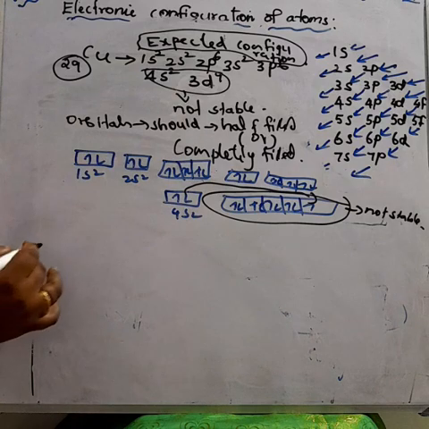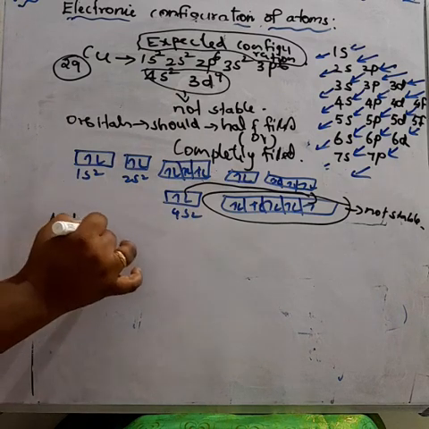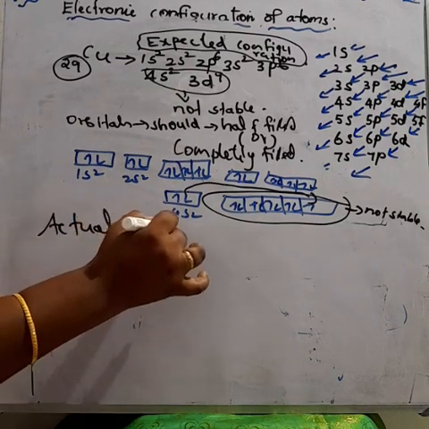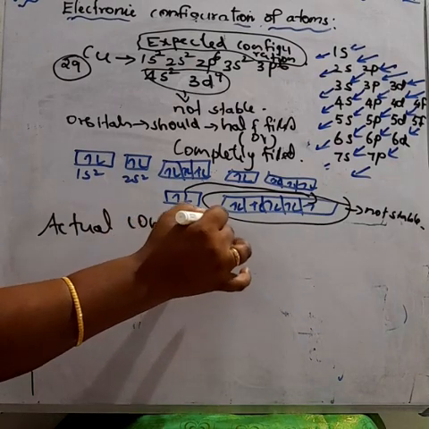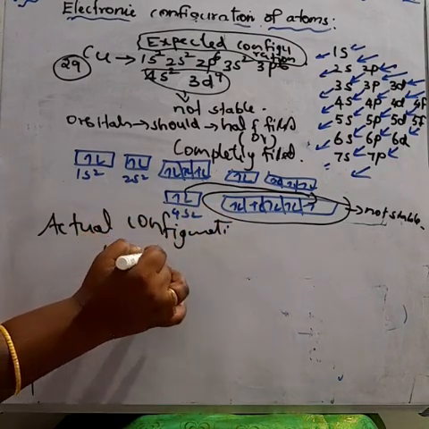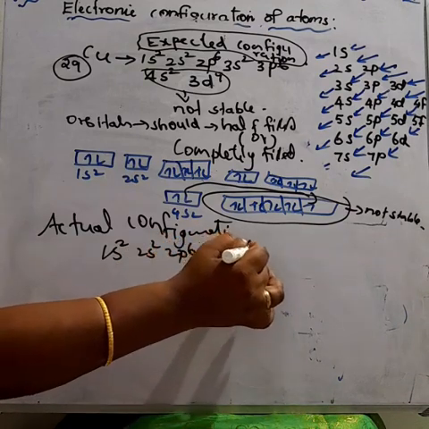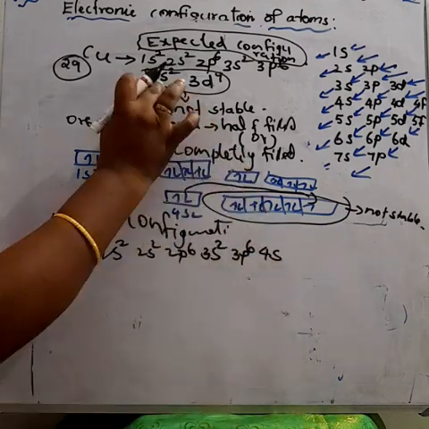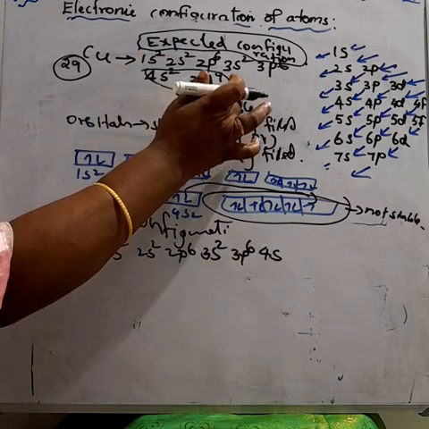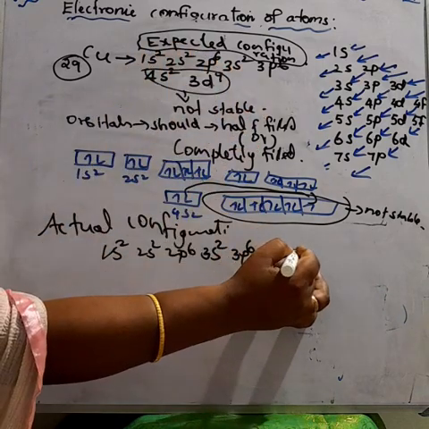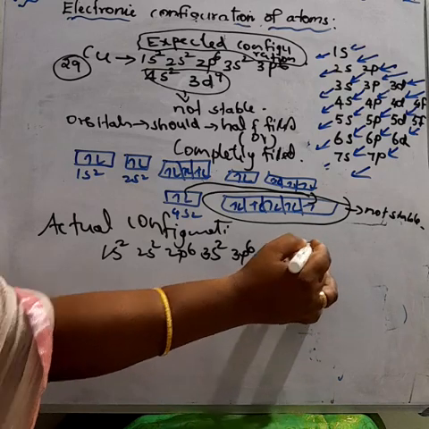But the actual configuration, how will you write it? 1s2, 2s2, 2p6, 3s2, 3p6, 4s2. One electron from the s orbital goes to the d orbital, so we write 4s1, then 3d10.